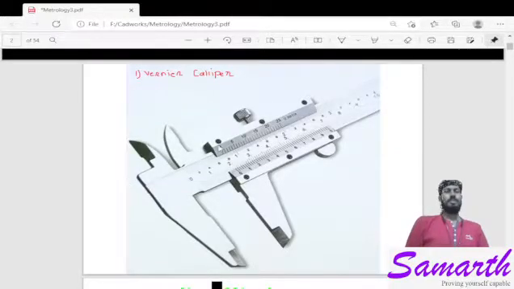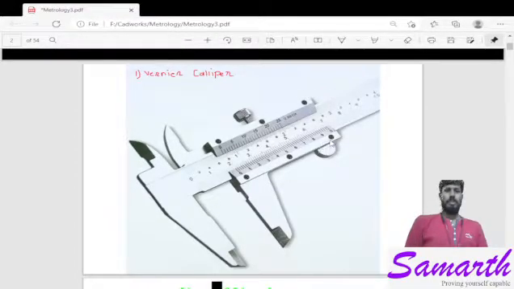Here you can see the photograph of Vernier caliper. In the very bottom side there is one scale which is called the Vernier scale, whereas the scale in the middle is called the main scale.